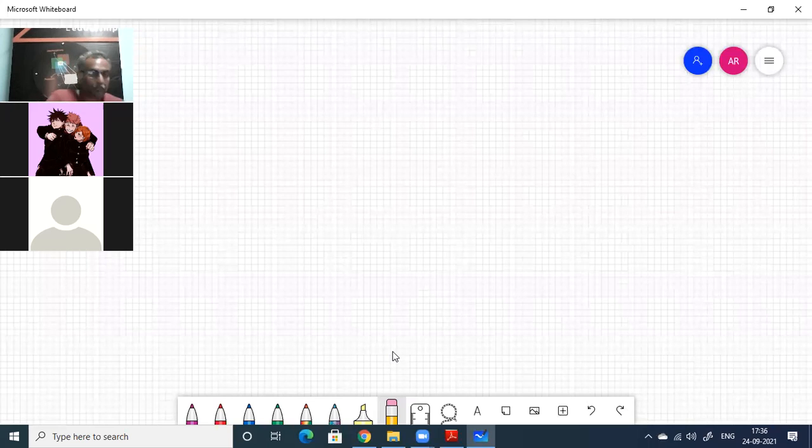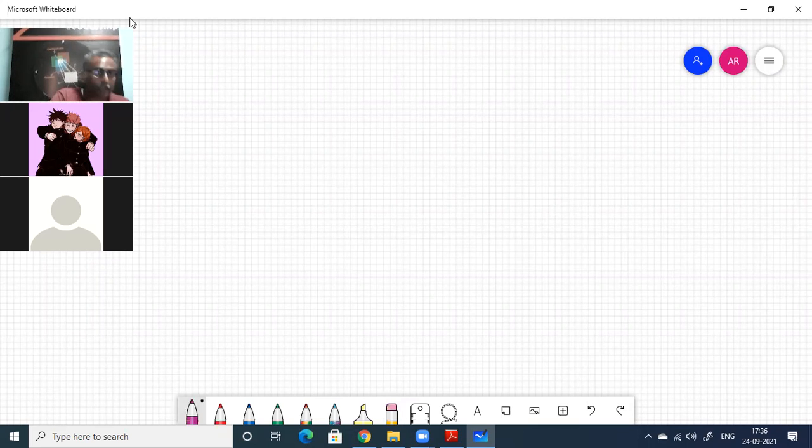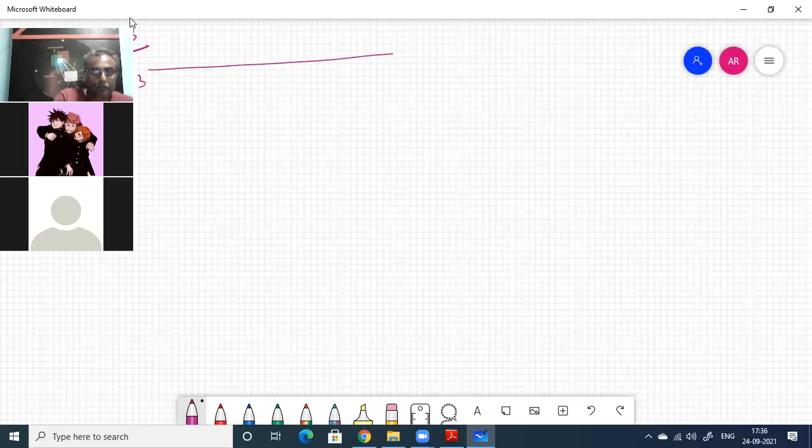So the fourth sum is homework. Exercise 5.3, we'll do the third sum. If the midpoint of the line joining 3, 4, there is a line, 3, 4 is A, and it's got a midpoint.